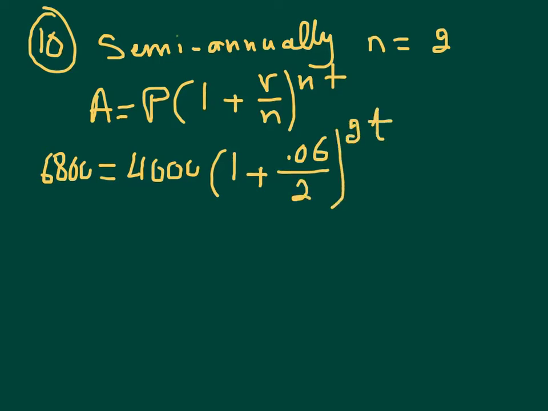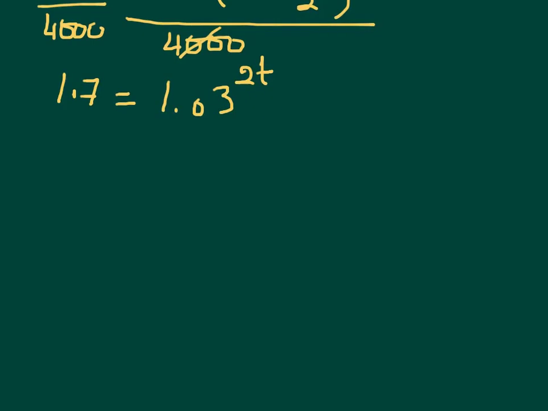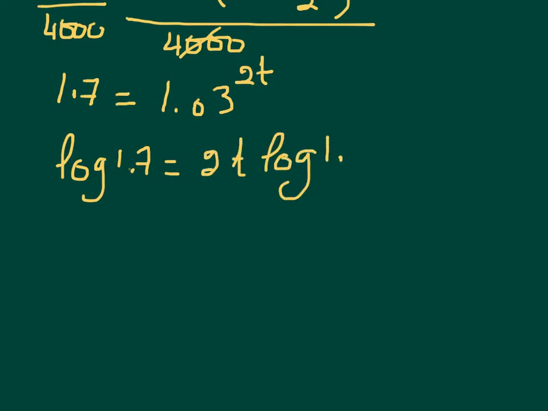Now, what I want you to do to solve this equation is divide by 4,000 on both sides, and this is going to give us 1.7 is equal to 1.03 to the 2t. Now I want you to log both sides. To solve for t, we're going to log 1.7 is equal to 2t log of 1.03.